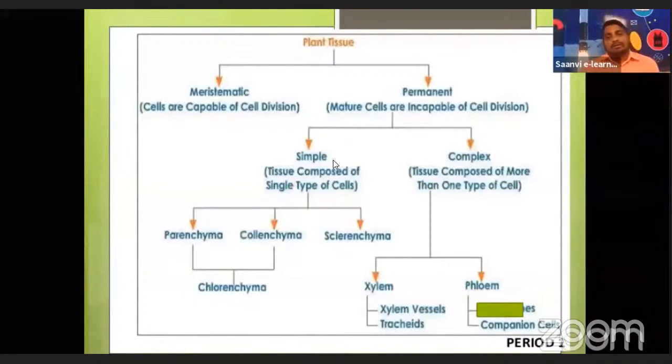First of all, two categories are there: meristematic tissue and permanent tissue. Meristematic cells are capable of cell division. Permanent mature cells are incapable of cell division.